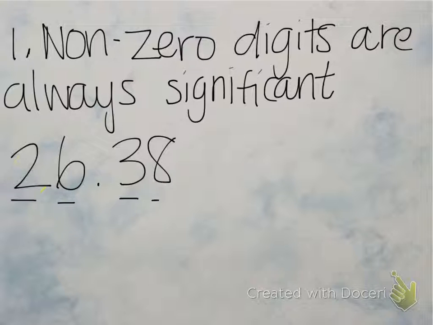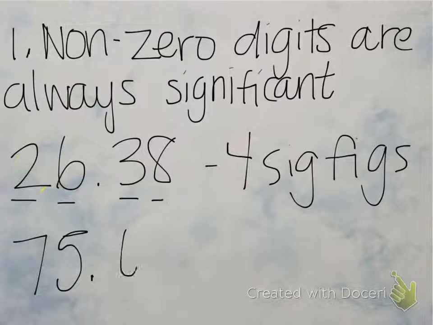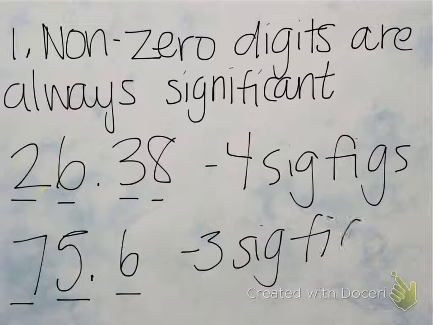All of these digits are non-zero, which means that this number has 4 sig figs. Maybe we have something like 75.6. All of these are non-zero, so they are all significant. So we have 3 significant figures. This is the easy rule. Then we start to get to things that are zeros, and that's when the rules can get a little bit tricky.